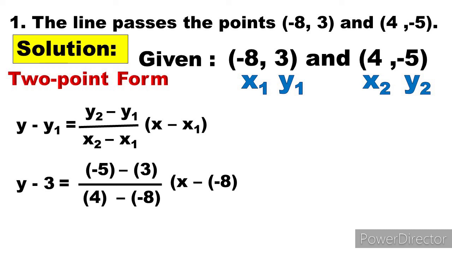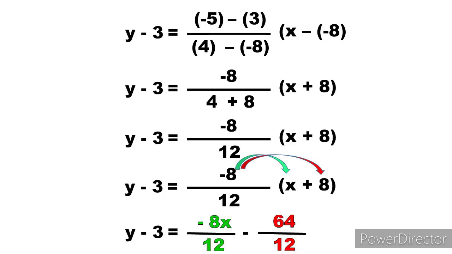Okay, so next step is to simplify. Okay, now please observe. Now we have y minus 3 equals negative 5 minus 3 is negative 8. All over 4 minus negative 8. Negative times negative 8 is positive 8.